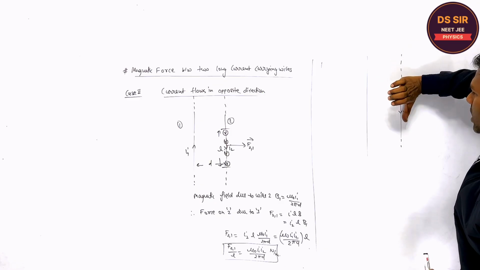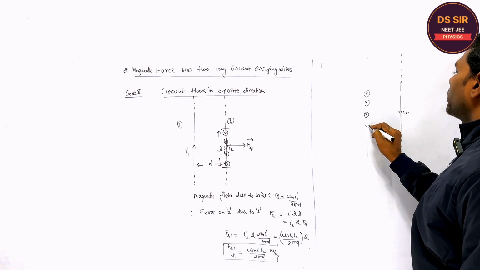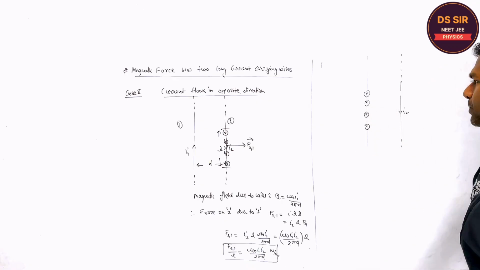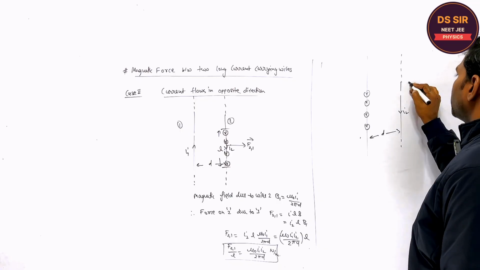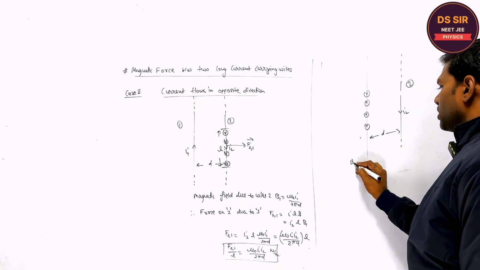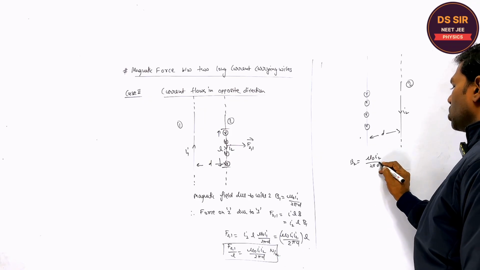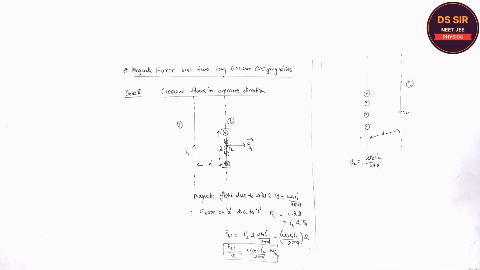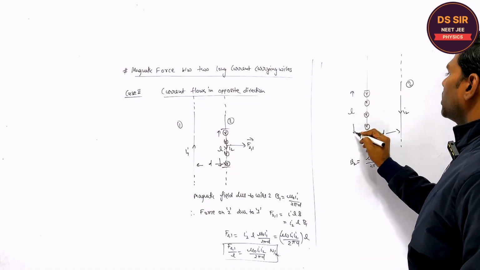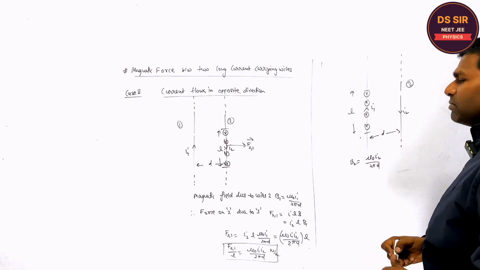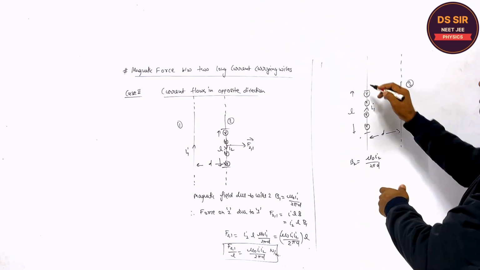So here the magnetic field is produced into the board. The separation is d, and B2 is mu naught I2 upon 2 pi d. Now if you consider the L length of this wire, the current flowing is I1. So what is the force on wire 1?